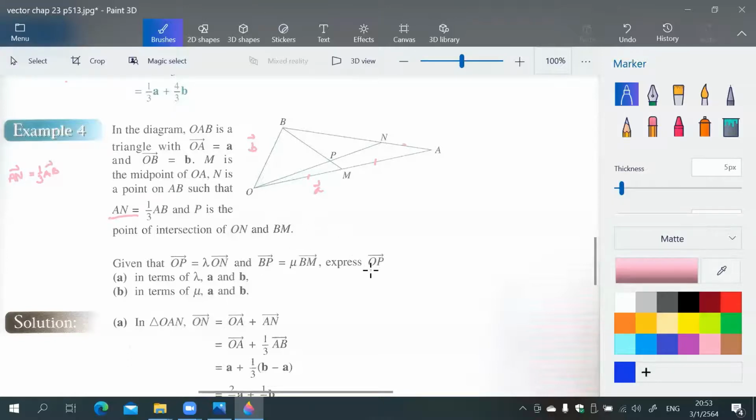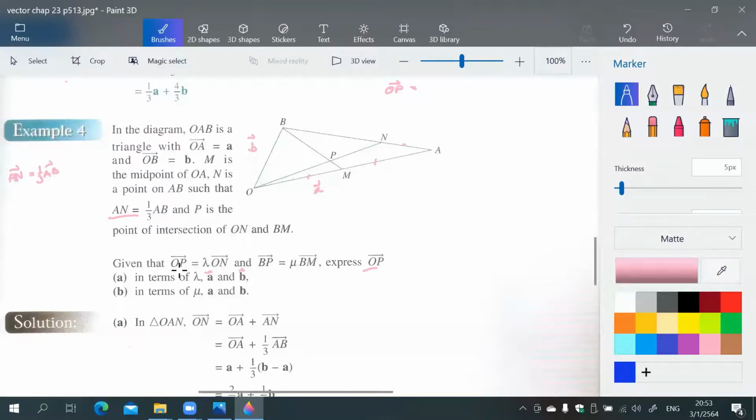Then the question wants us to find OP in terms of lambda, vector A and vector B. Okay, so then we can start to find vector OP.